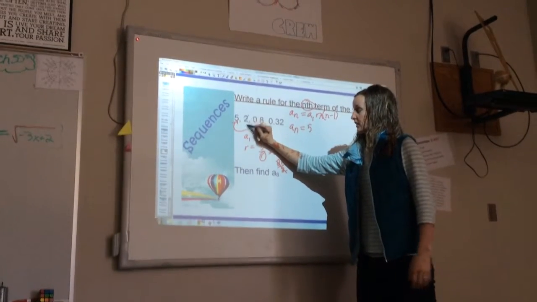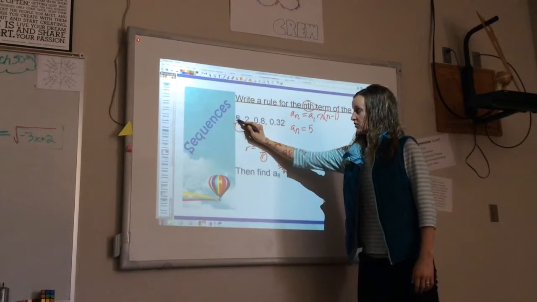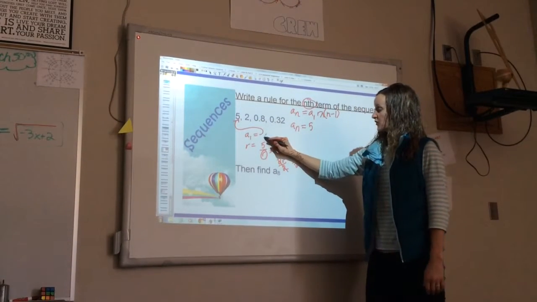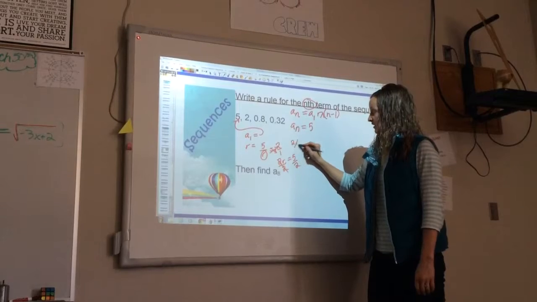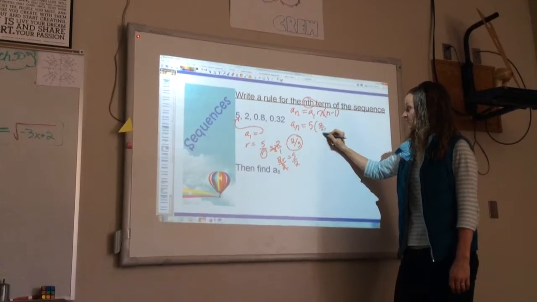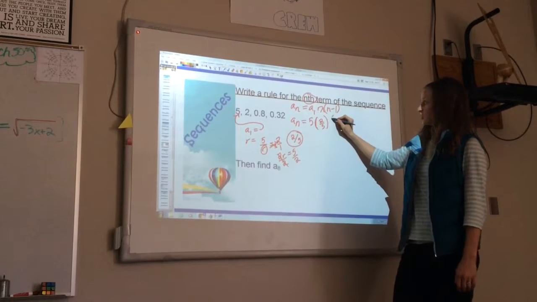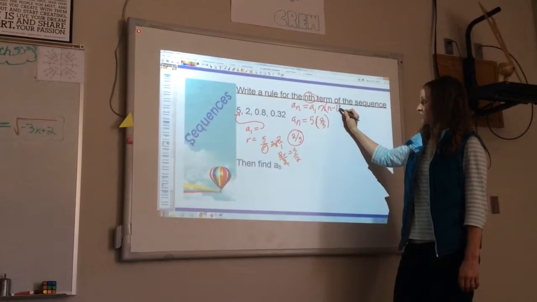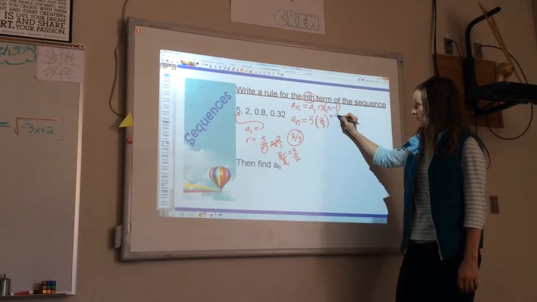So once again, please listen. You divide this by this. So you just found out that your r value is 2/5. So we can plug that in. We have 2/5, but now we have to raise this to the n minus 1 power.